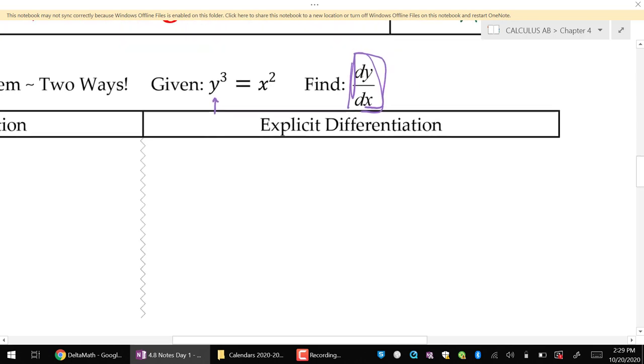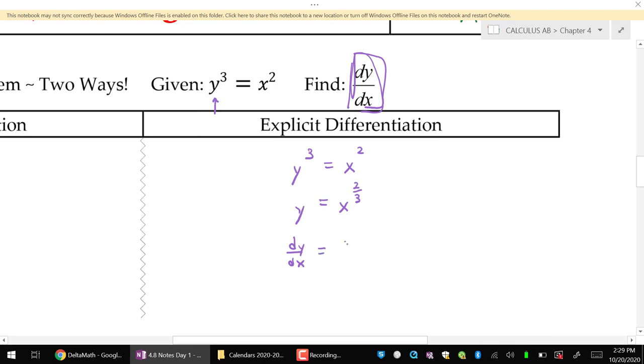Now, explicitly would basically just mean, as I look at this equation, y cubed equals x squared, I could cube root both sides and do a little bit of algebra right here. So y equals x to the 2/3 if I cube root the left and the right. And then I can very easily find dy/dx. Let's find the derivative.